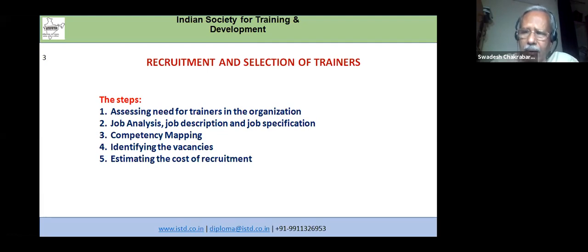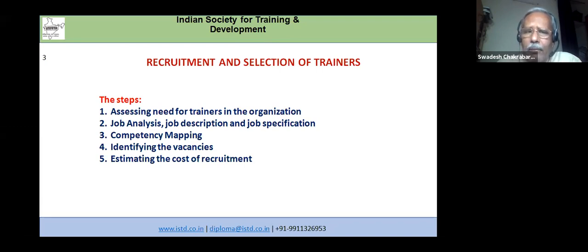Right? Analyzing the job, understanding the various functions involved in a particular job, one can understand what the requirements of qualification, experience, and competence are of people who will really perform those. And when you understand that in a particular job, this kind of competence, qualification, or experience is required, then there comes the question of how they can be provided with that kind of skill or aptitude or knowledge.